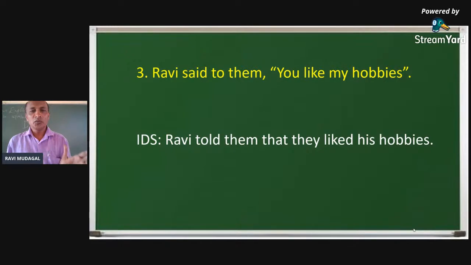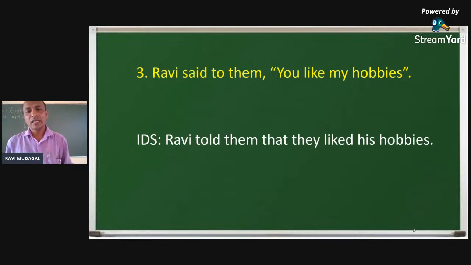Here you belongs to them, so instead of you we should use they. Like is changed to liked, because like is in present tense. While changing direct into indirect speech, like is changed to liked. My hobbies belongs to Ravi, so instead of my hobbies we should use his hobbies.